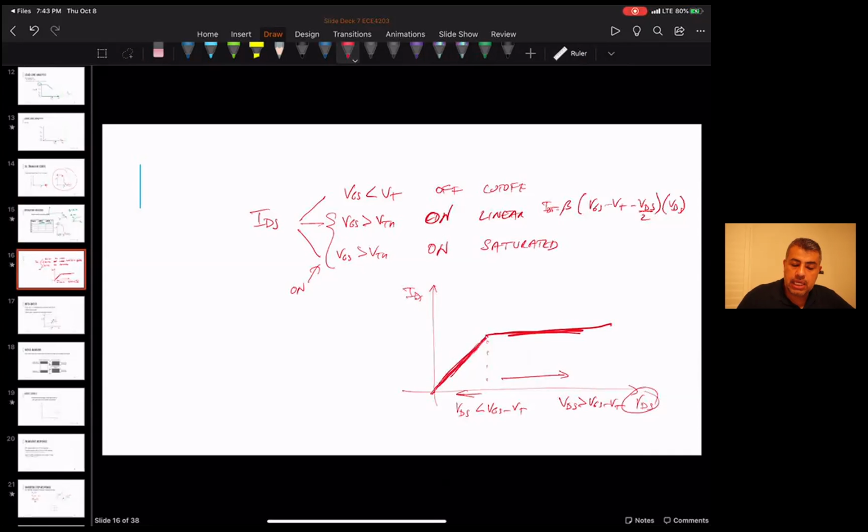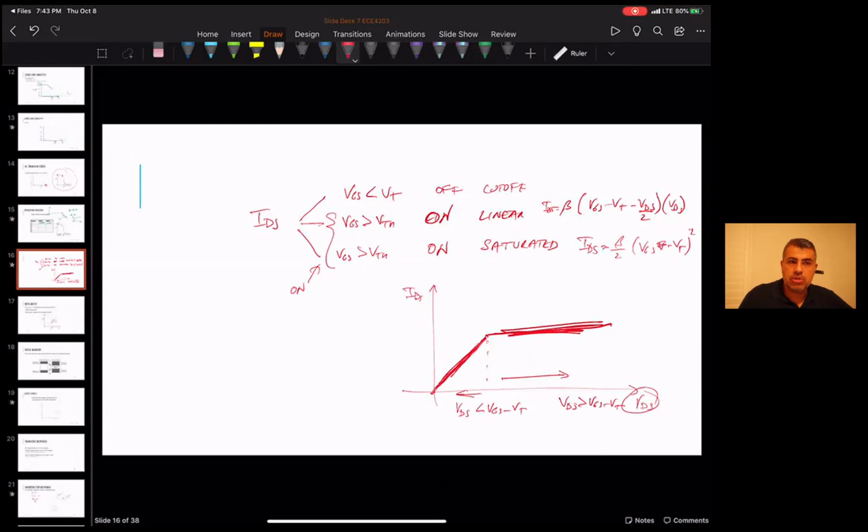In the saturated case, IDS is just beta over 2 times (VGS minus VT) squared, meaning that no matter what VDS does, I always pump out the same current. So it's like a current source.